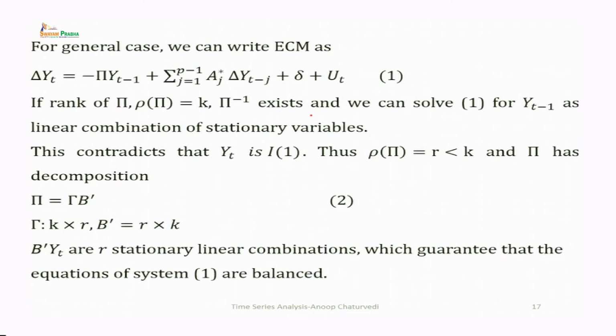So, order of pi is k cross k. If rank of pi is k, it means pi is a non-singular matrix and then its inverse exists. In that case, we can solve equation 1 for y t minus 1 as a linear combination of stationary variables.